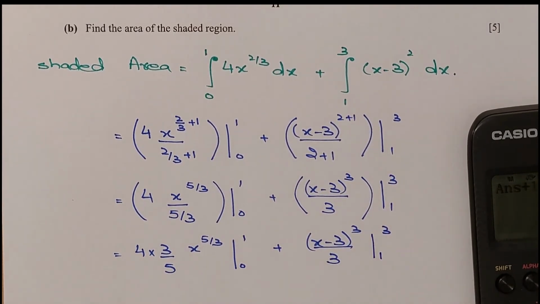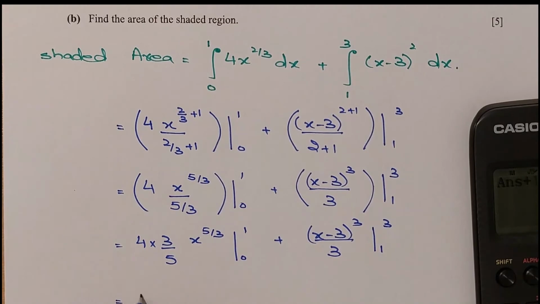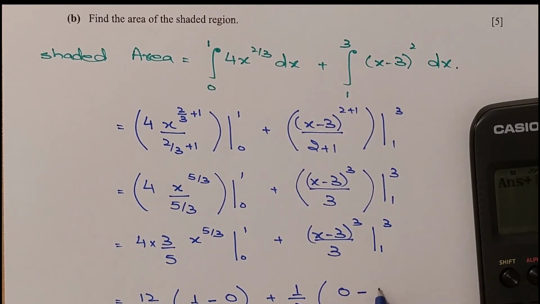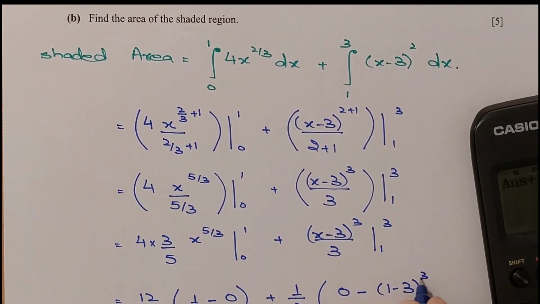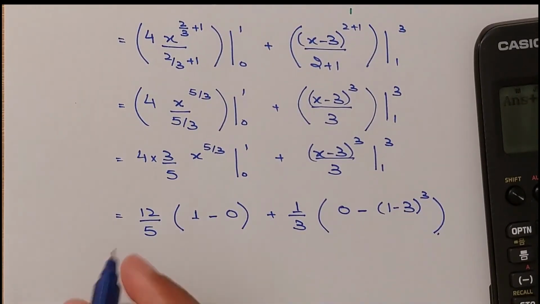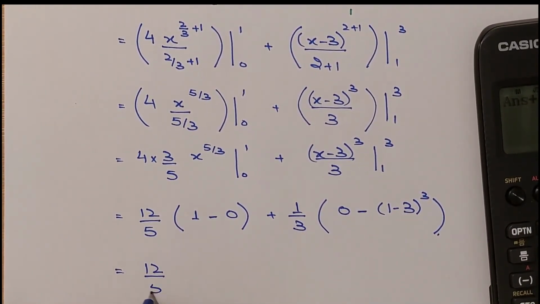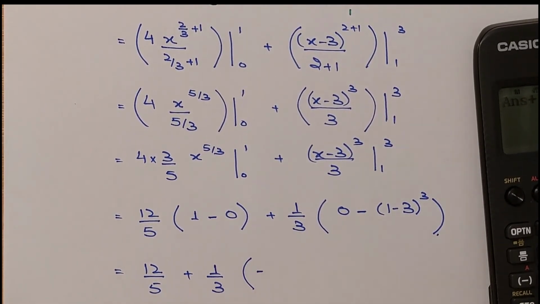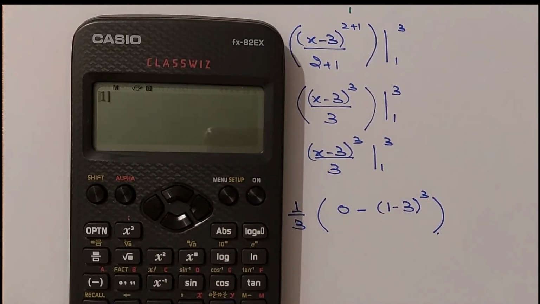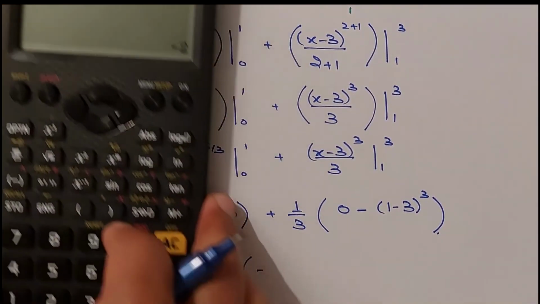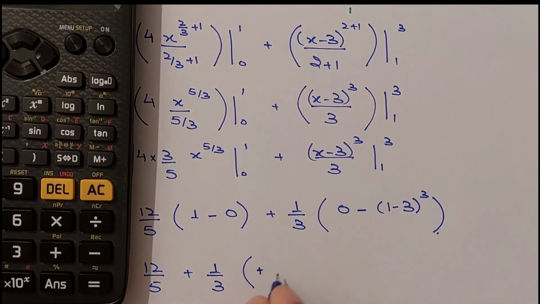Right, now let me substitute the limits. 4 times 3 is 12, so we have 12 by 5. Upper limit is 1, lower limit is 0. Plus 1 by 3 is outside. Upper limit is 3, and 3 minus 3 is 0. Lower limit is 1, subtract (1 minus 3) cubed. So this is 12 by 5 plus 1 by 3, times minus, and 1 minus 3 is minus 2, and minus 2 cubed is minus 8, and this minus minus is plus.